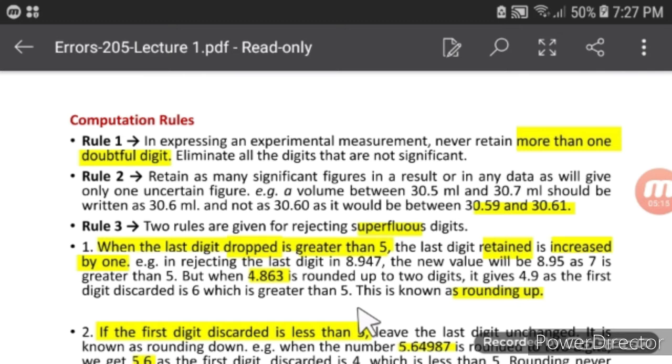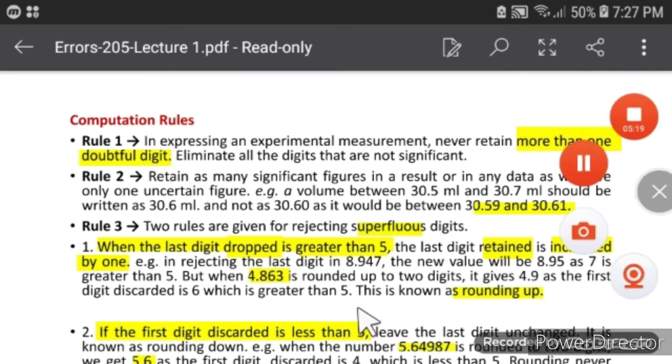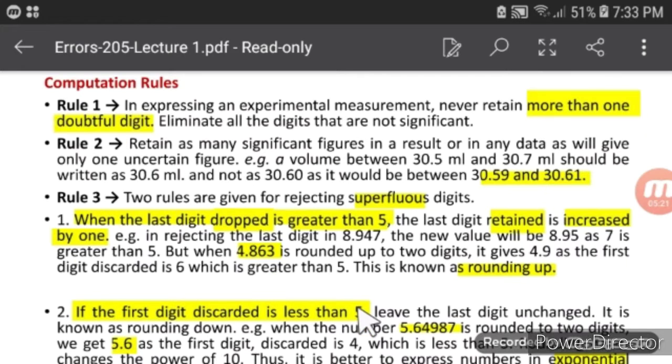Whenever you are doing a calculation, there may be a chance that your value is between two values, like a volume between 30.5 milliliter and 30.7 milliliter.